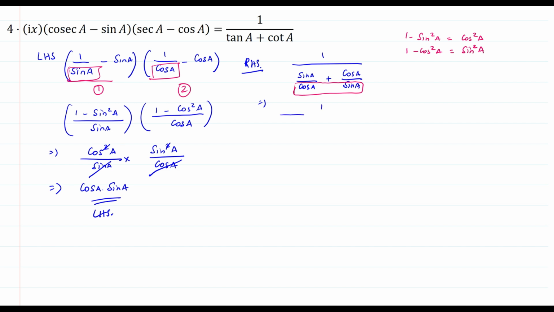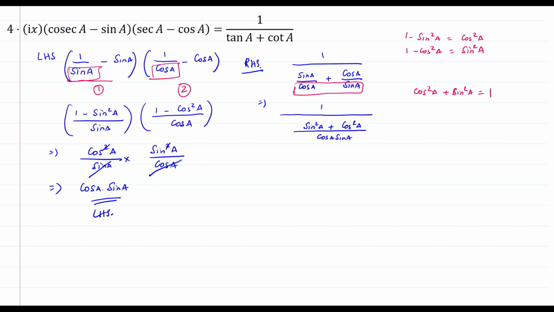So 1 divided by, in the denominator you will have cos A into sin A, then on the numerator you will have sin square A plus cos square A. What is sin square A plus cos square A? What is the value of that? Sin square A plus cos square A is equal to 1.